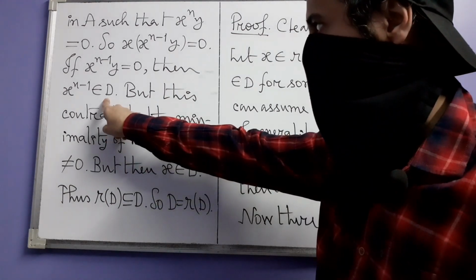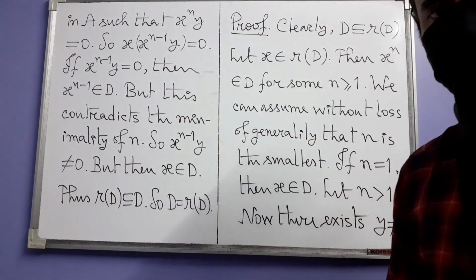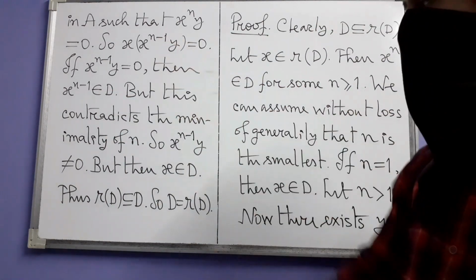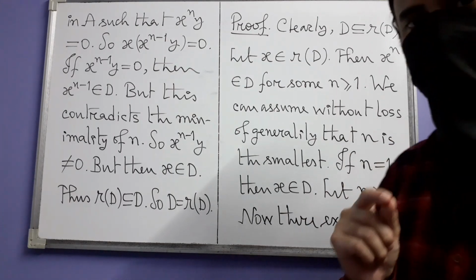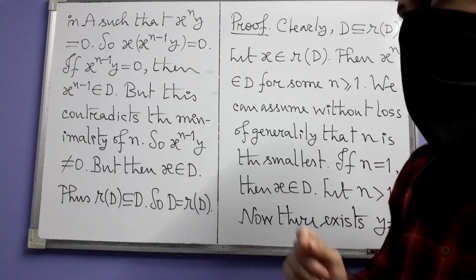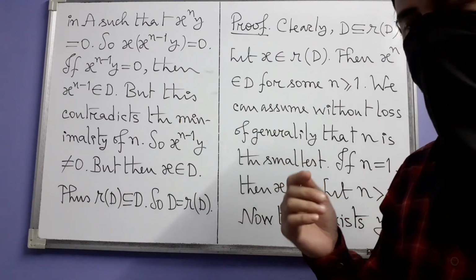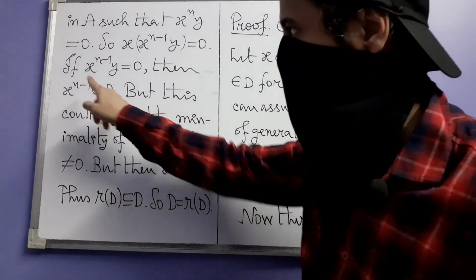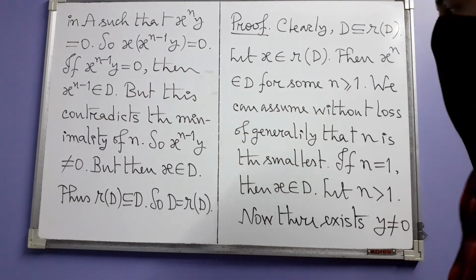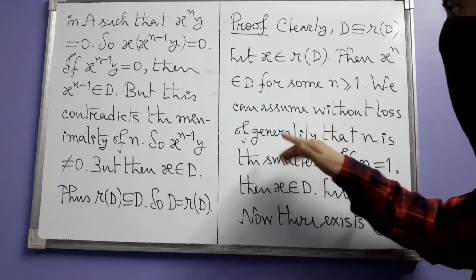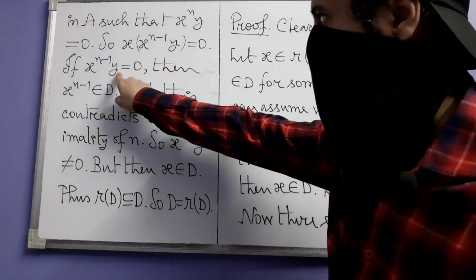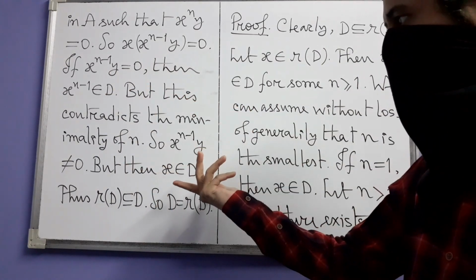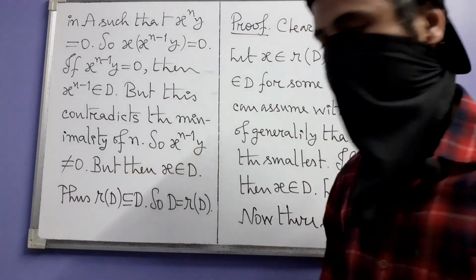So, it belongs to D, but that creates the problem, because n minus 1 due to this inequality is also a positive integer just like n, but it is smaller than n, and even then x to the power n minus 1 belongs to D. So, the minimal nature of n is violated here if this happens.